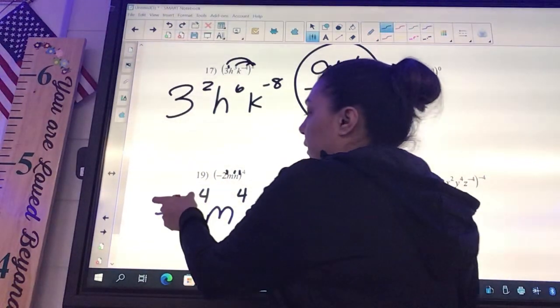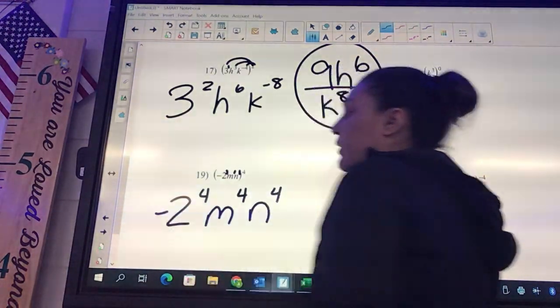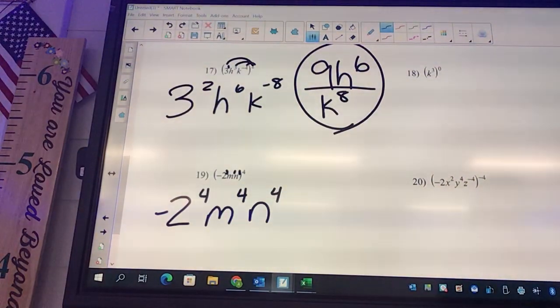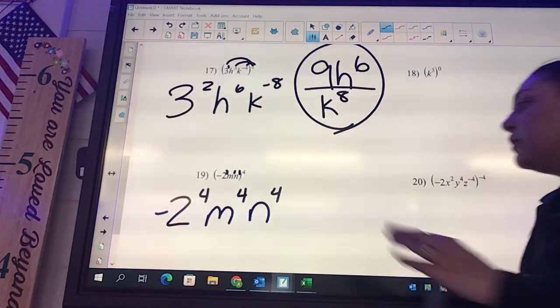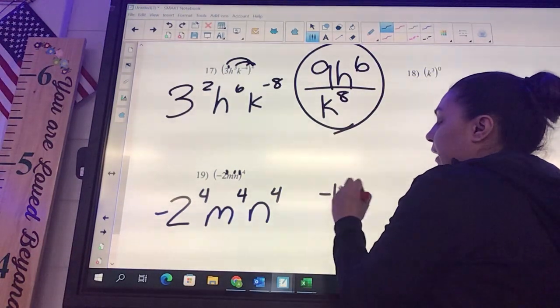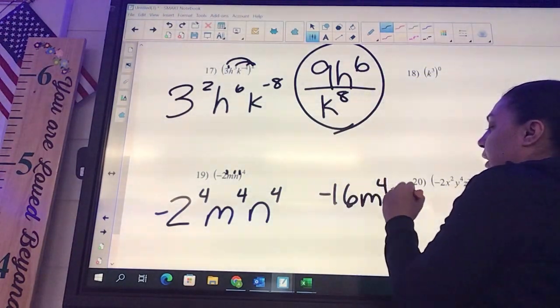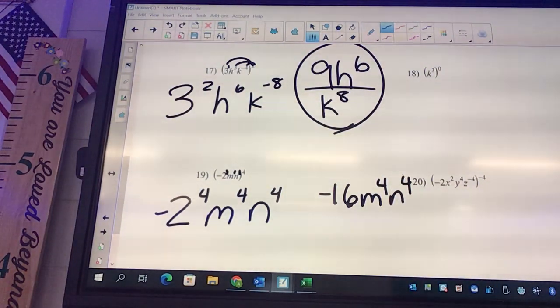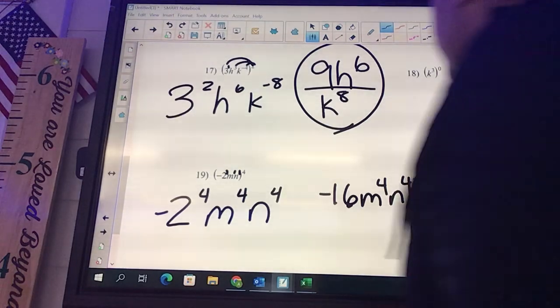Because if you put parentheses on that, and we haven't really talked about what that does, it either makes the 2 negative 4 times, or it'll make the first one negative and the rest positive, which is going to change your answer. So either one is totally fine. So you got negative 16, M2, N4. Or M4, N4.